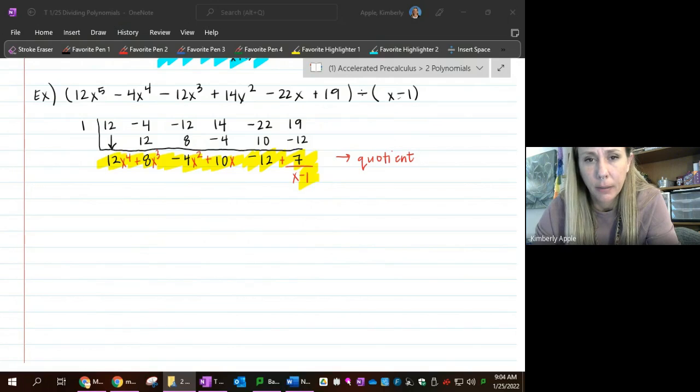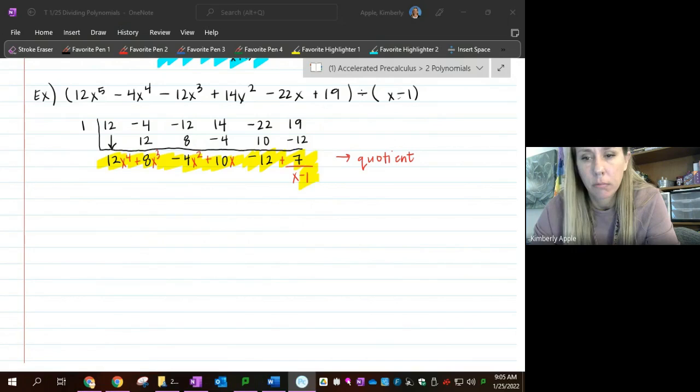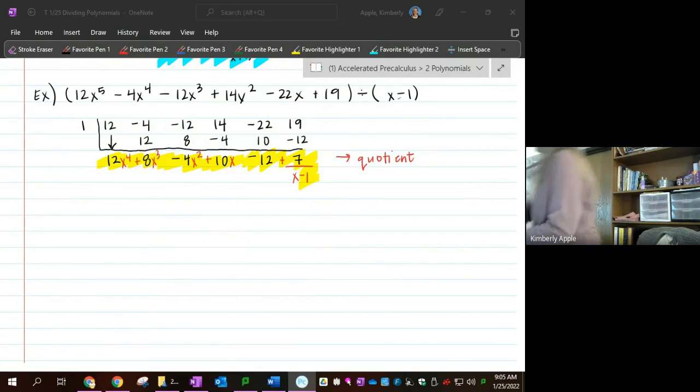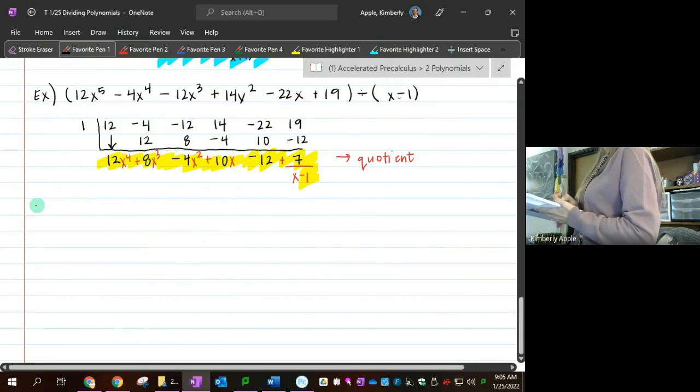Polynomials, dividing polynomials. Notes. Ah, there's one. Okay. Let's do one that's got a hole in it. So this one would be example.